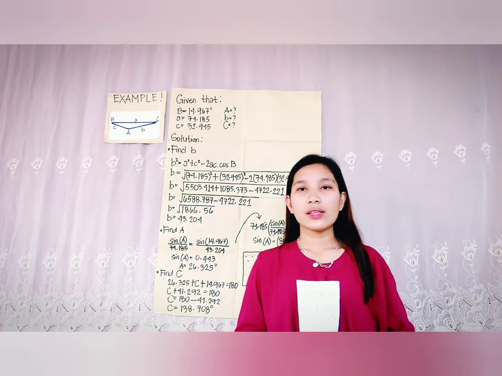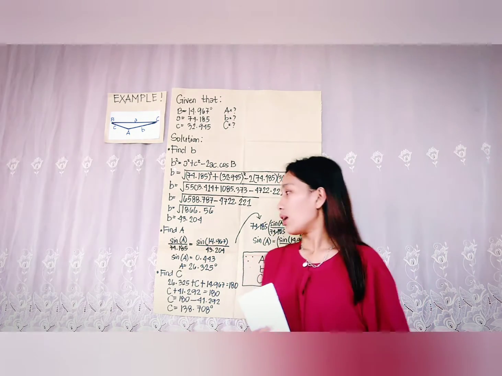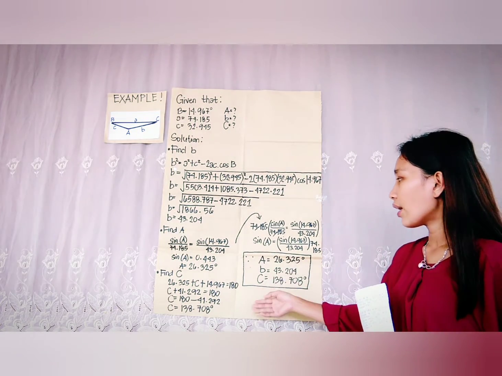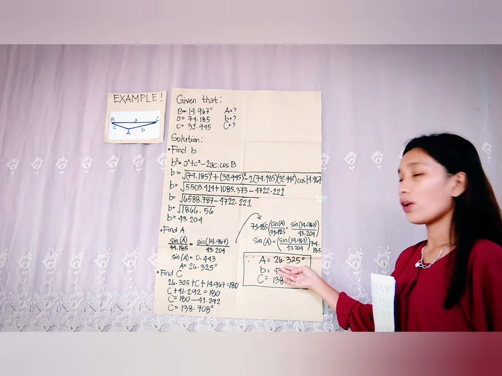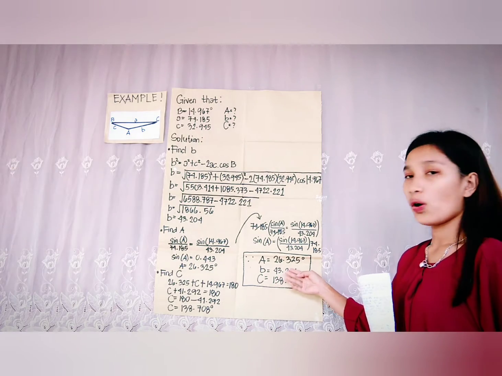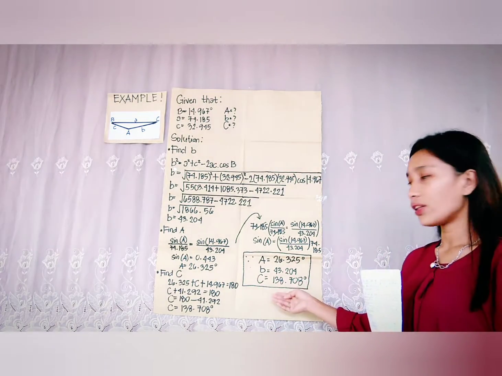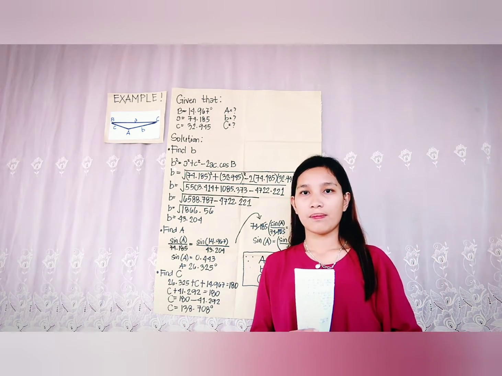Now, we are already done solving the remaining parts of the triangle. So, the remaining parts of the triangle are angle A is equal to 26.325 degrees, side B is equal to 43.204, and angle C is equal to 138.708 degrees.